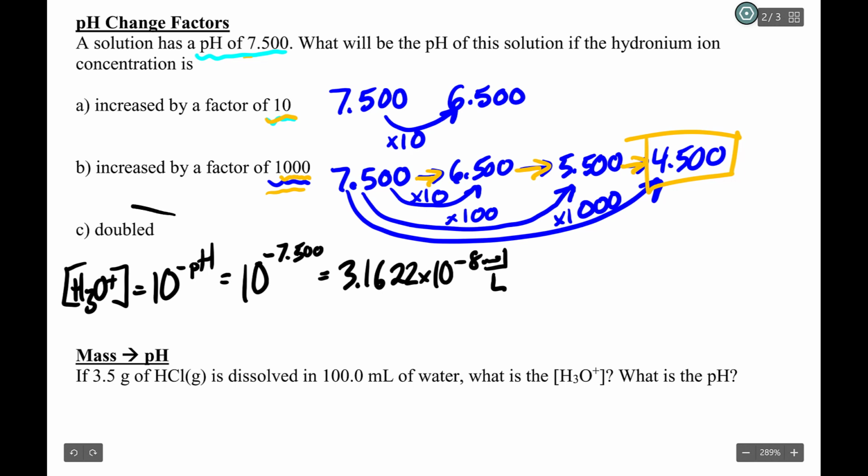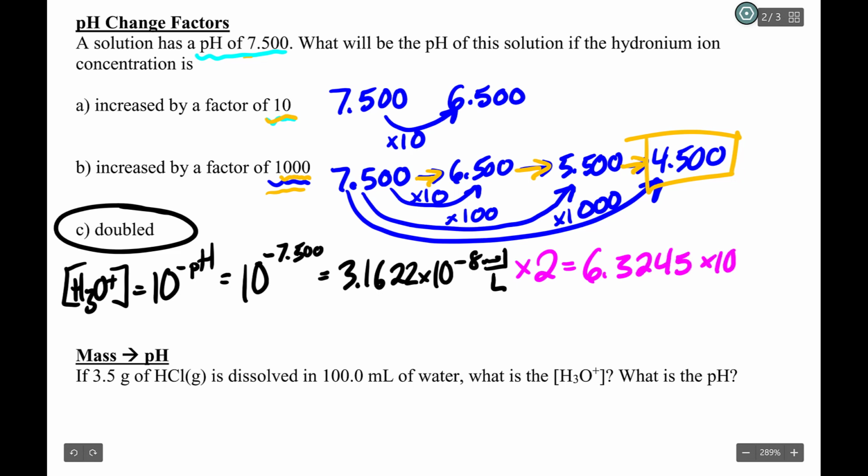Now, if I doubled the amount of this, that means I'd have to multiply it by 2. When I multiply by 2, I get 6.3245, etc., times 10 to the negative 8 moles per liter. So that's double the concentration of hydronium.